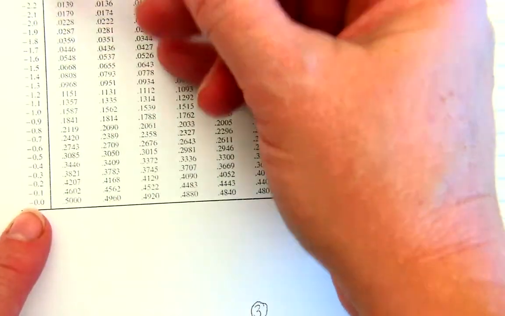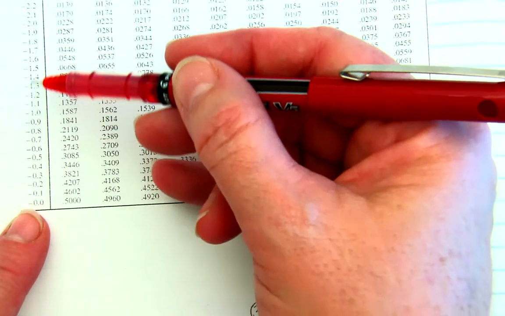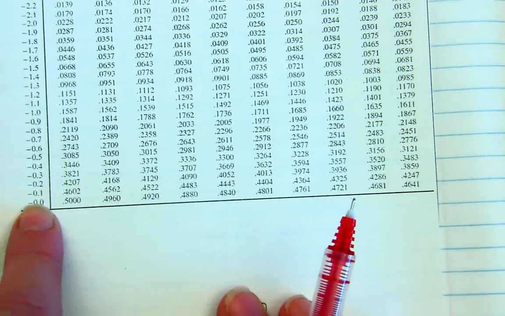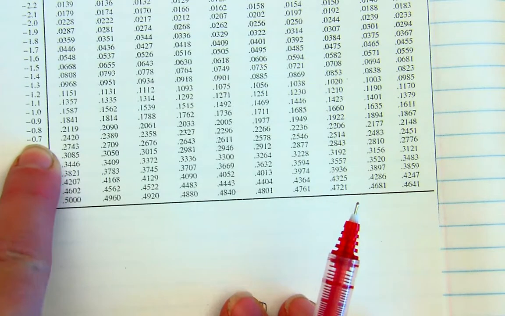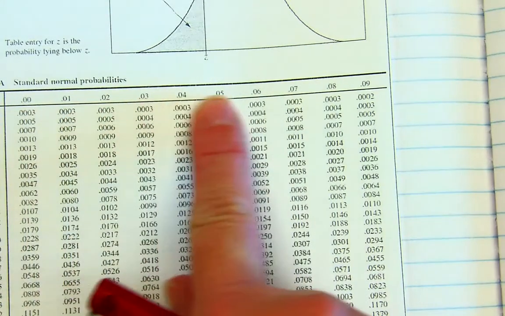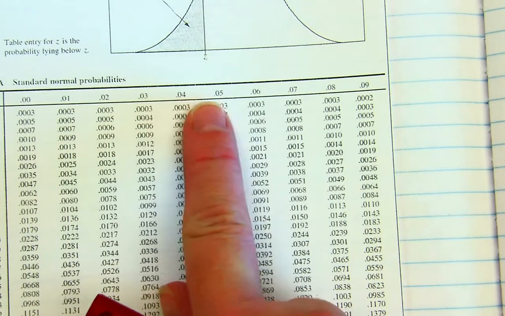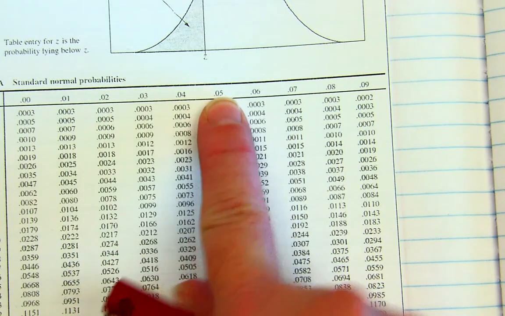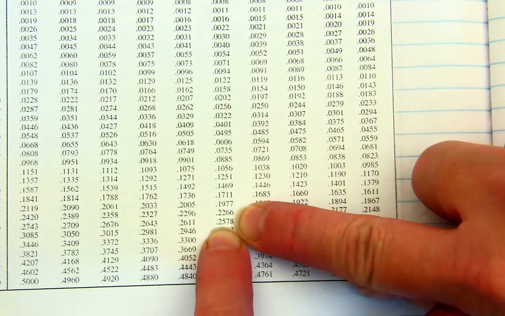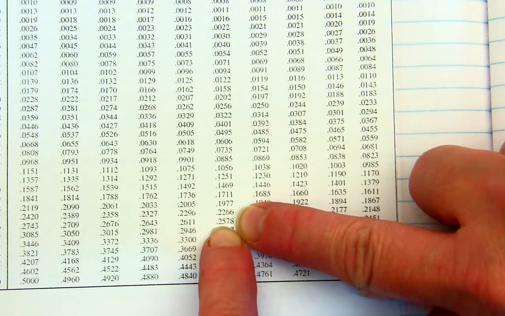And along the left side is any whole number part and first decimal place. So if I'm looking for negative 0.7, it's going to be here. And then you'll notice along the top is the second decimal place. So I'm going to go over to 0.05, and then I'm going to see where those intersect. So that's going to be right down here.